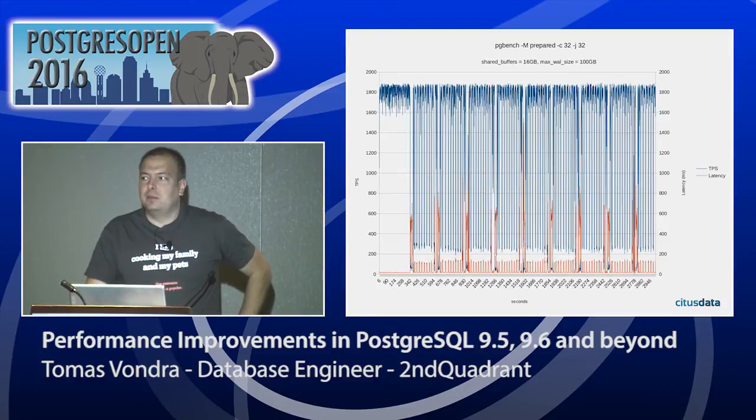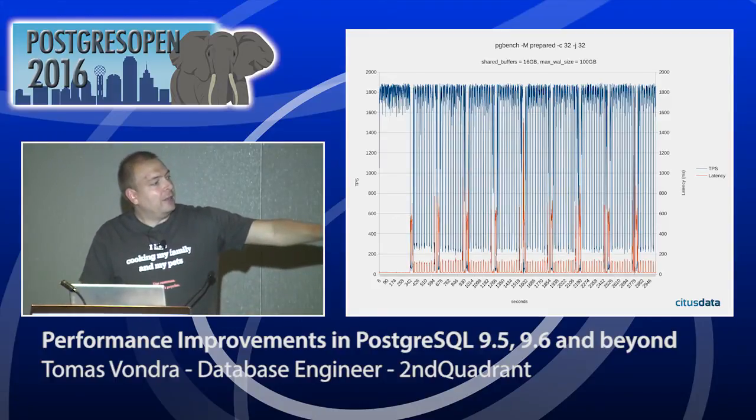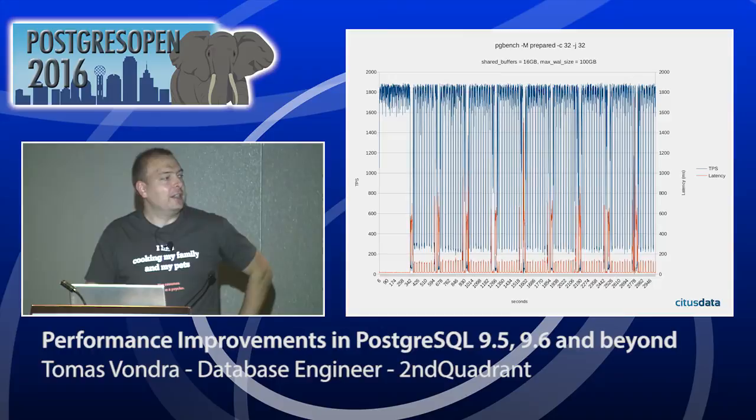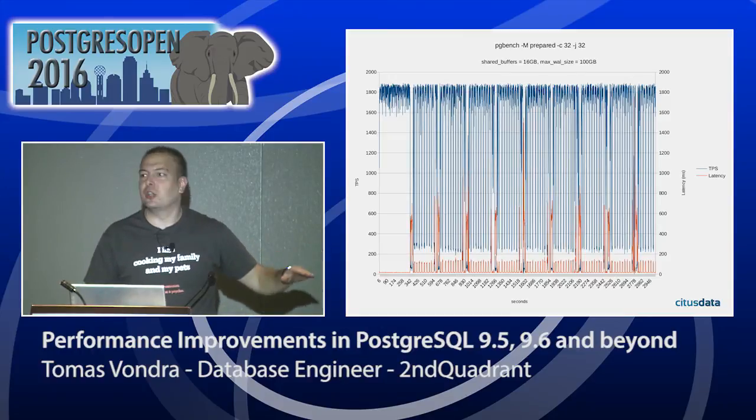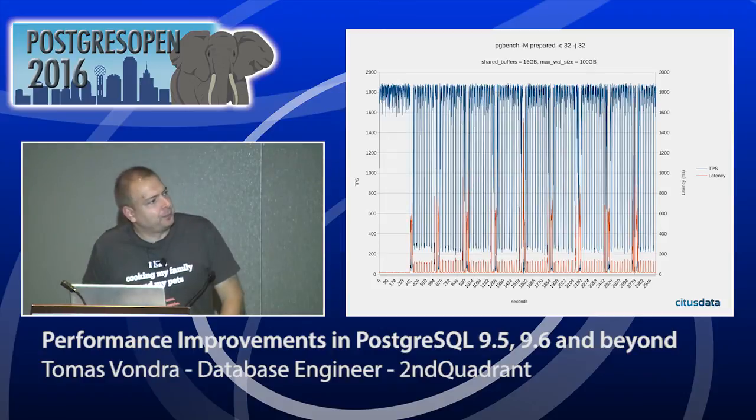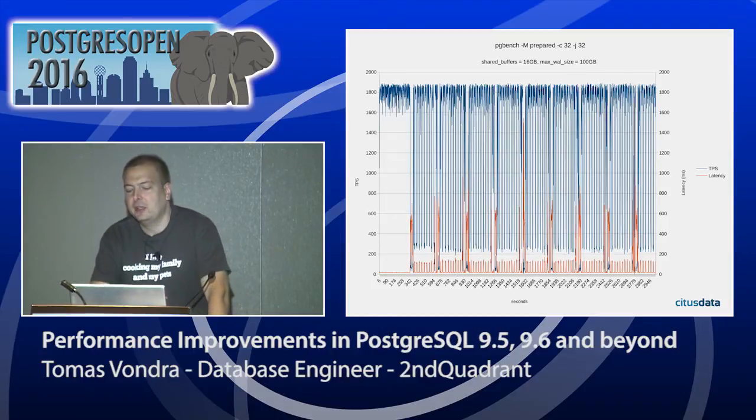That's not something I would say is good behavior. And you can also see that the latency spikes from essentially 0 to like 100 milliseconds or something like that. Again, not really nice behavior.